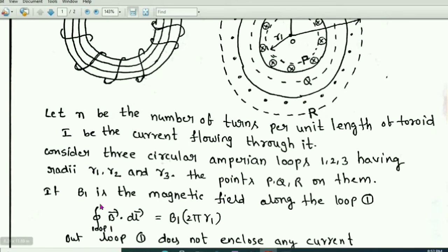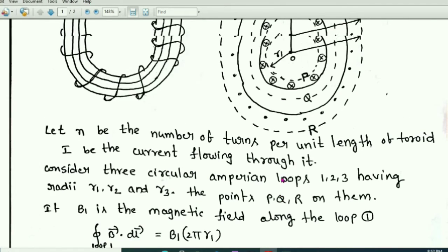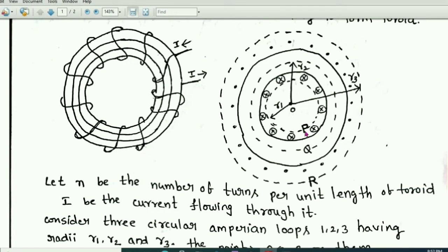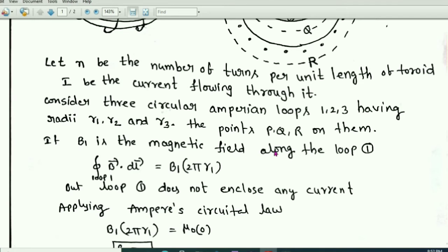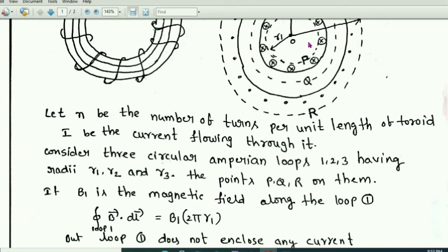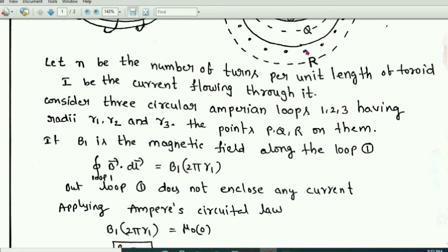The integral of dl means the total length of this loop, which becomes 2 pi r1, because r1 is the radius. The circumference of this loop becomes 2 pi r1.